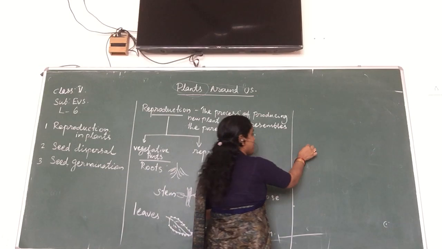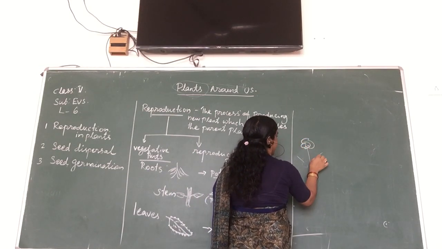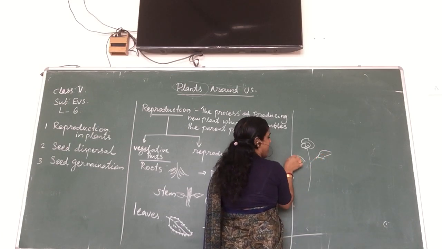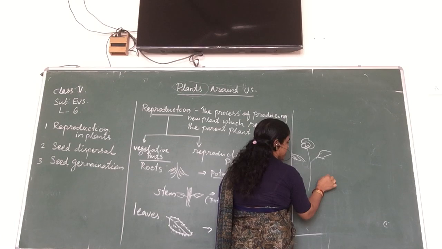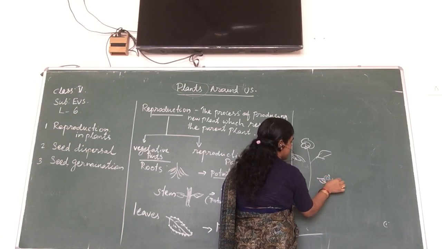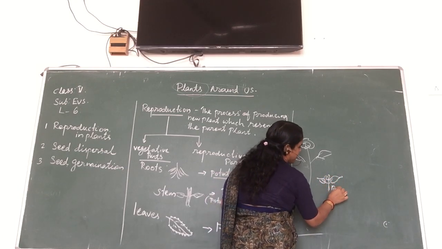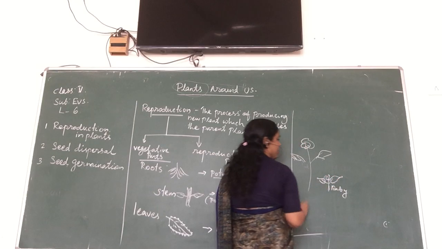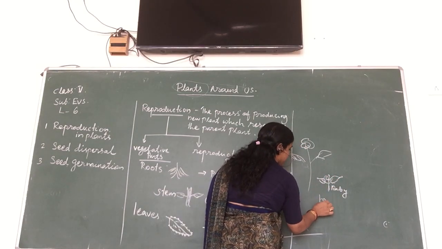Here, one plant is there. This is known as the parent plant. From this plant, a new plant starts to grow. This is a small baby plant. Here is also another small plant.